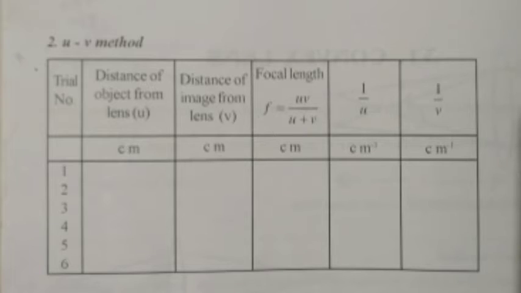All this can be marked in the observation column: distance of object from the lens u, distance of image from the lens v. Focal length can be calculated using the equation f is equal to uv by u plus v. Also, for drawing the graph, we can calculate 1 by u and 1 by v, which can be marked in the fourth and fifth columns respectively.